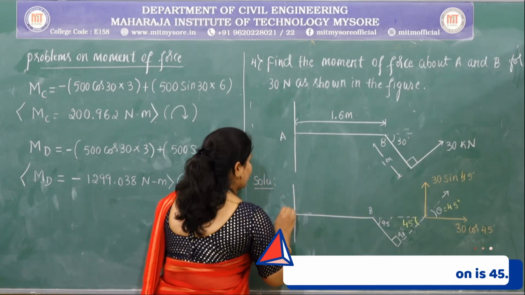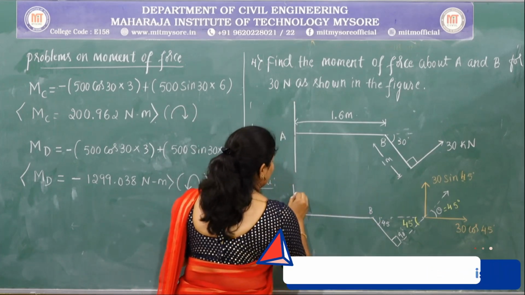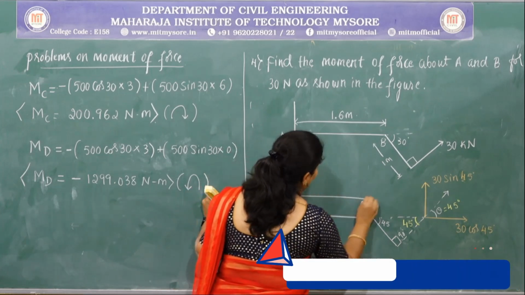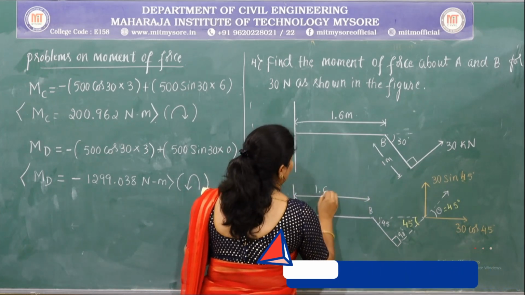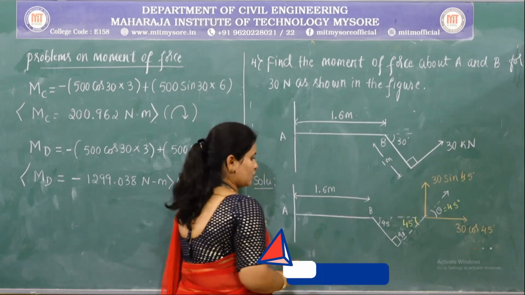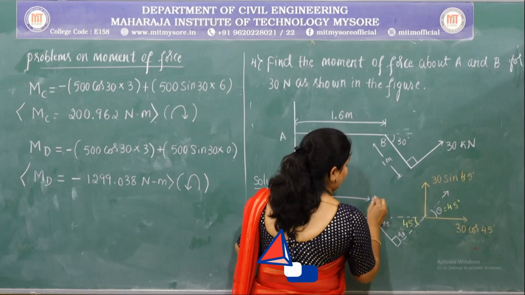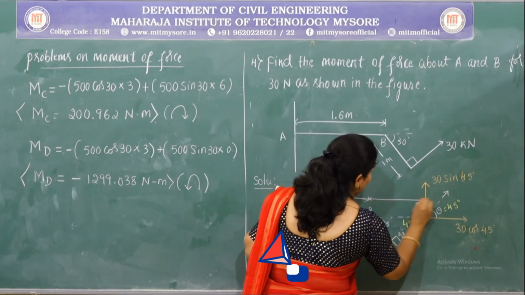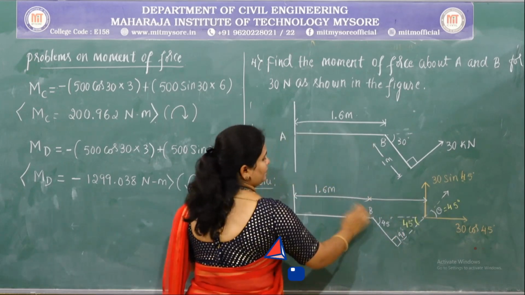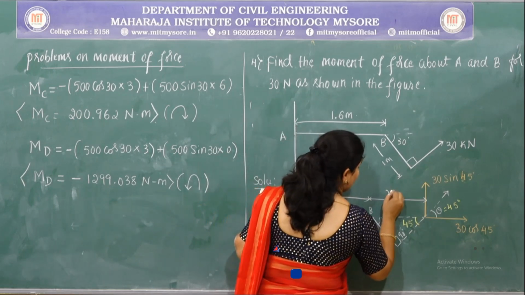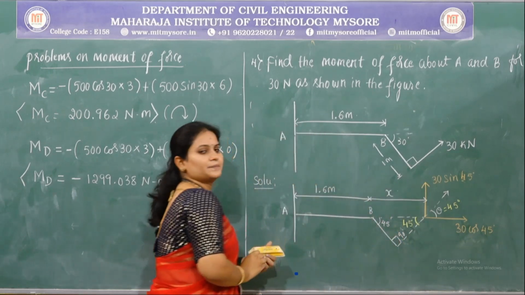Here is point A and here is point B. The distance between the point A and B is given, that is 1.6 meter. Here is the line of action of the force. We need to find out again the distance between the force and point B. Let us take this as x.